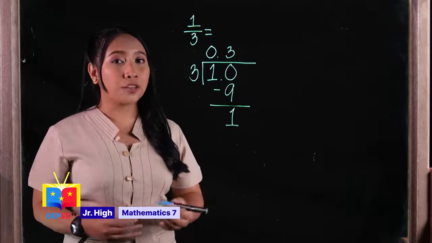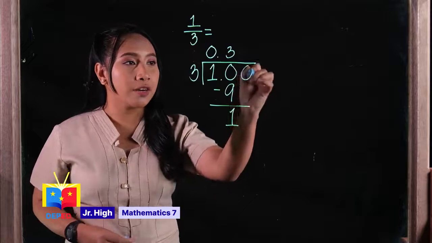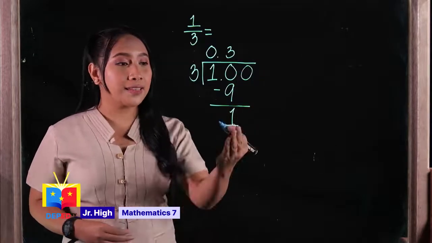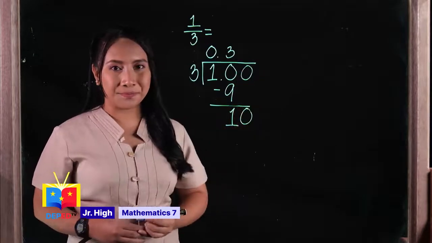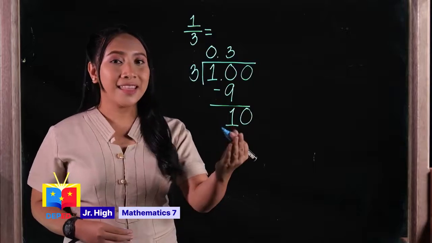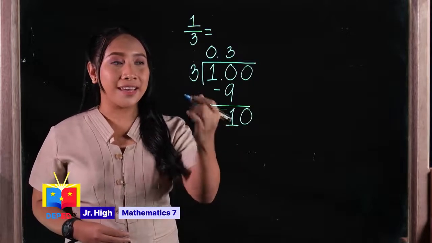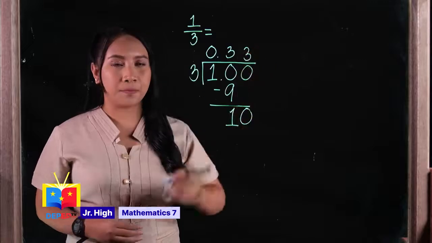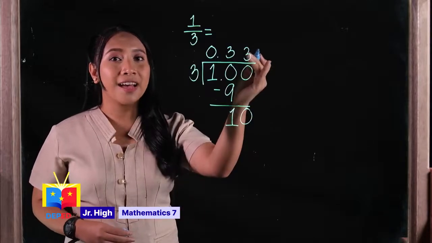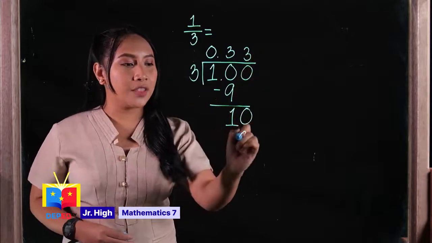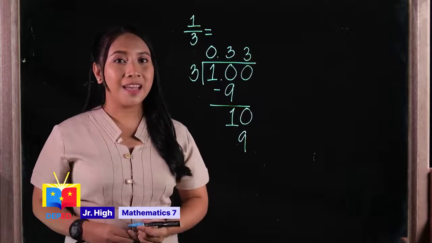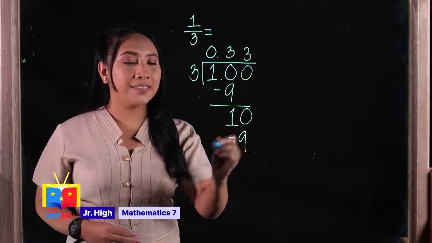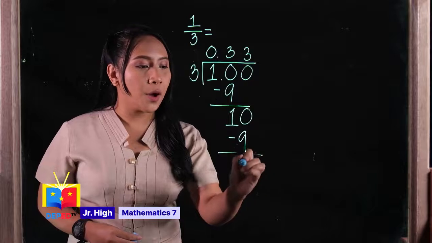Again, we are going to put 0 here so that this will be 10. 10 divided by 3 is 3. 3 times 3 is 9. 10 minus 9 is 1.